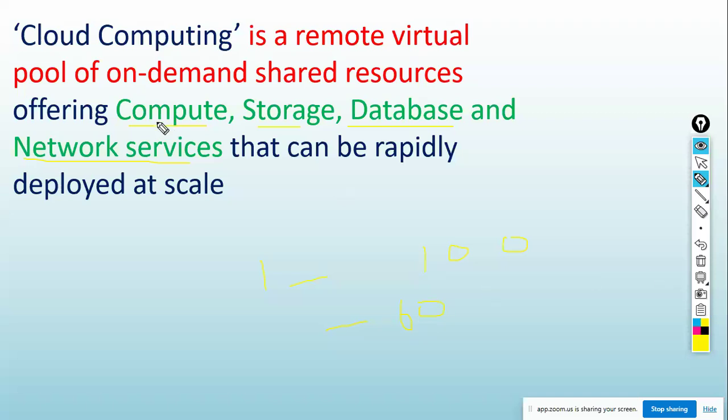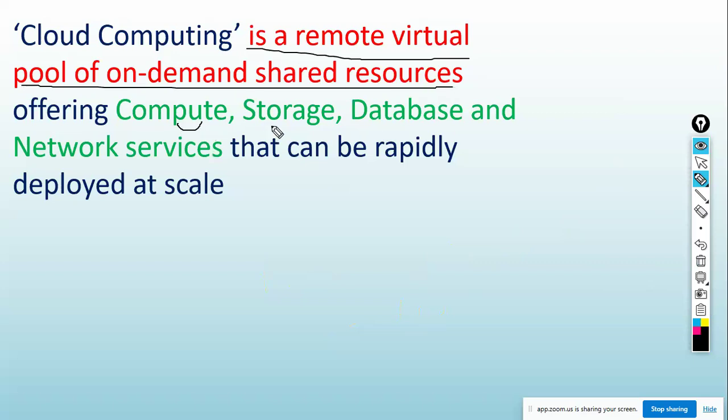Now, if you understand that, let me go back to the red part. What I mean by the red part, a remote virtual pool of on-demand services, is that the services the cloud provider offers to you will not be physical; they will all be virtual services. Let's discuss, if this is the server, an EC2 server.